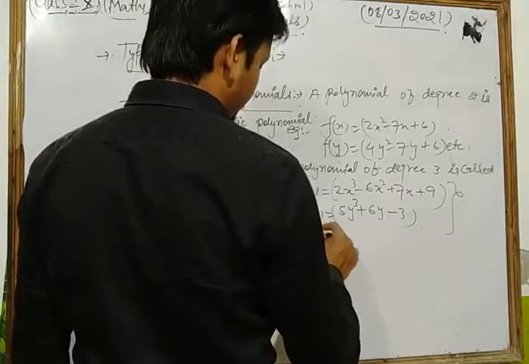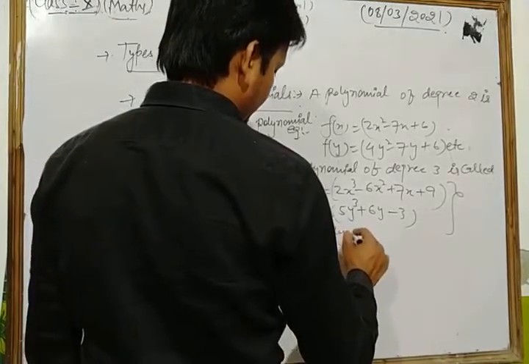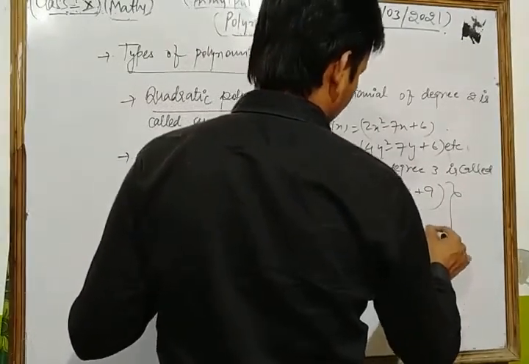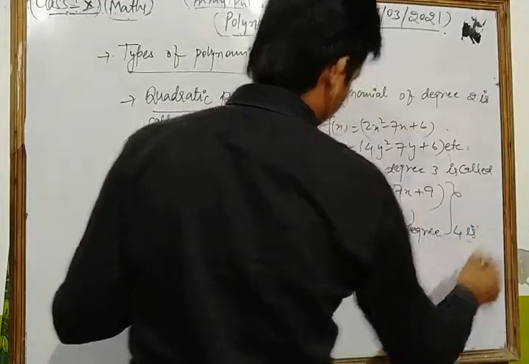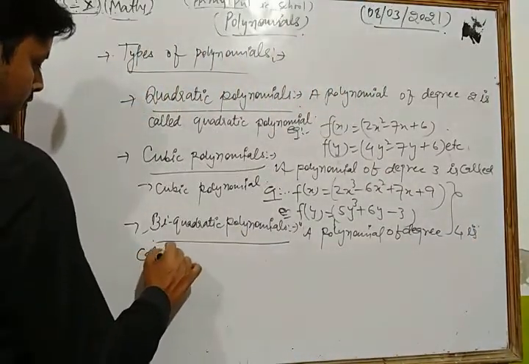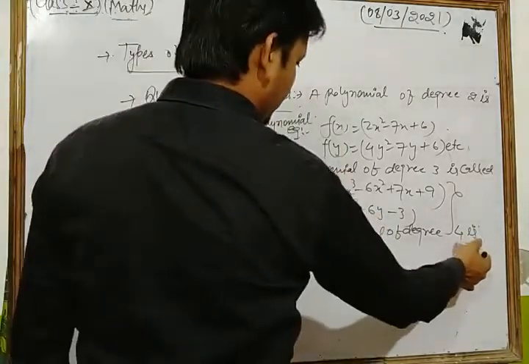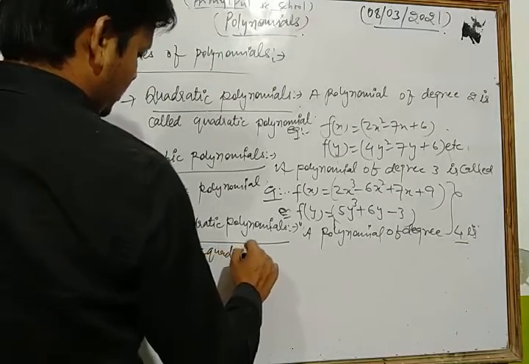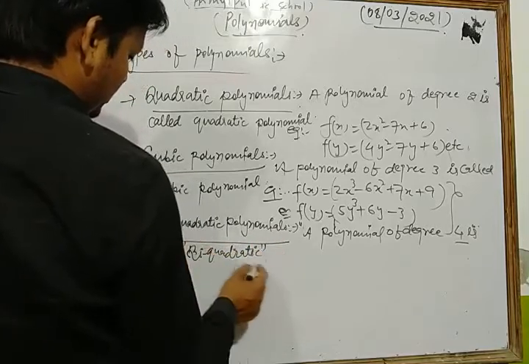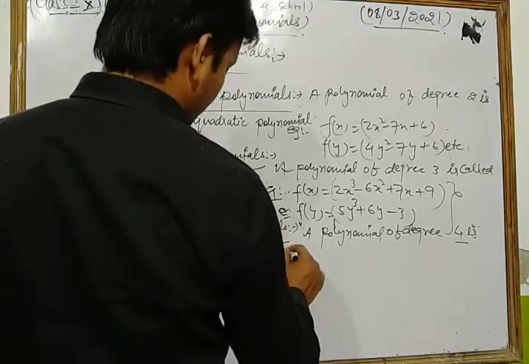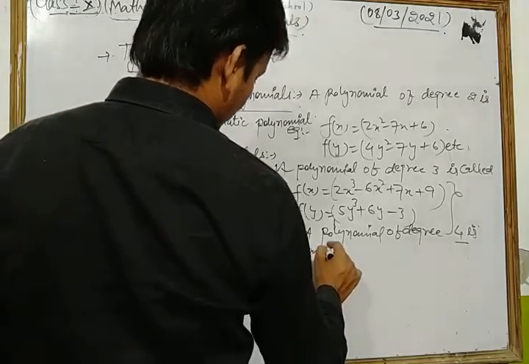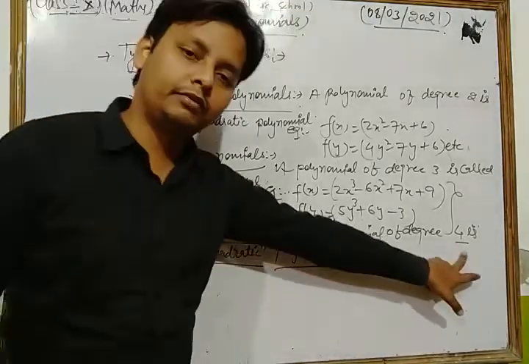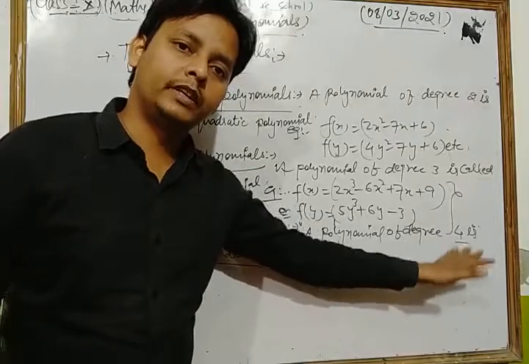A polynomial of degree 4 is called a biquadratic polynomial.